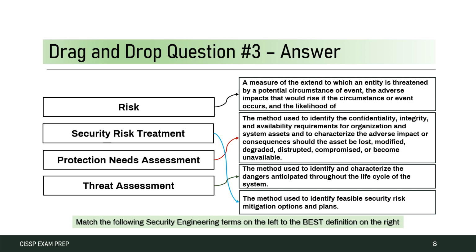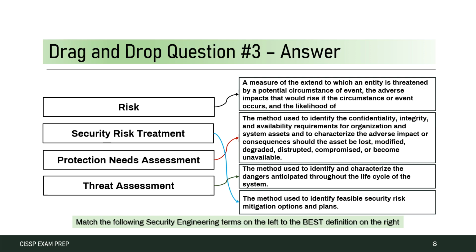Protection needs assessment is the method used to identify confidentiality, integrity, and availability requirements for the organization and system assets, and to characterize the adverse impact or consequences should the asset be lost, modified, degraded, disrupted, compromised, or become unavailable.